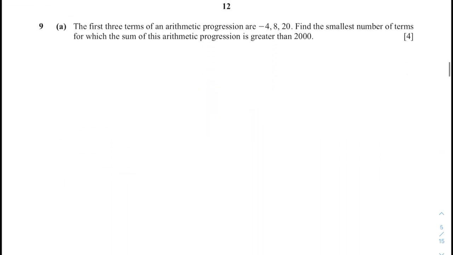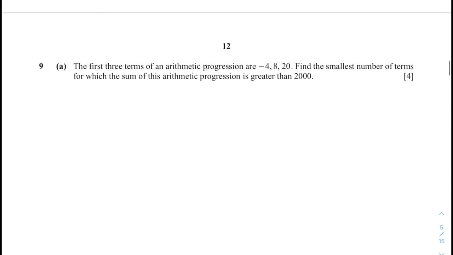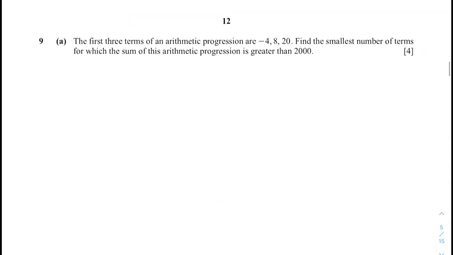All right. So the next thing that we want to talk about is a paper that came in, also major, in paper 1, 2. All right, question 9. It says that the first 3 terms of an AP are these. Okay. Find the smallest number of terms for which the sum of this is greater than that.